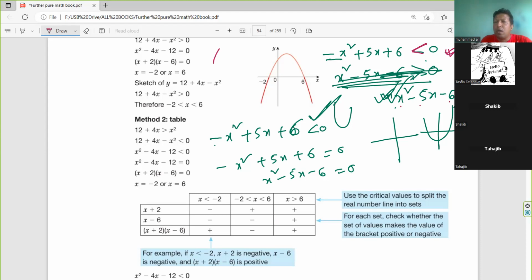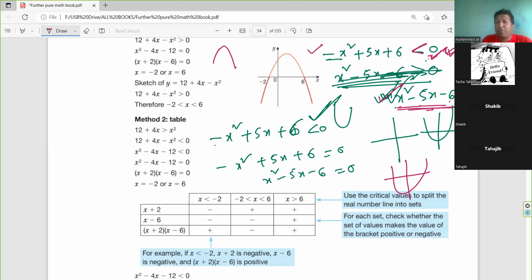But if you follow these things after multiplying, x square positive, this time it will definitely be a U-shaped curve, and you have to search where the curve is positive according to the inequality. If you follow these things, the curve will be cap shape and you will search where the curve is less than 0 because here it is less than 0.